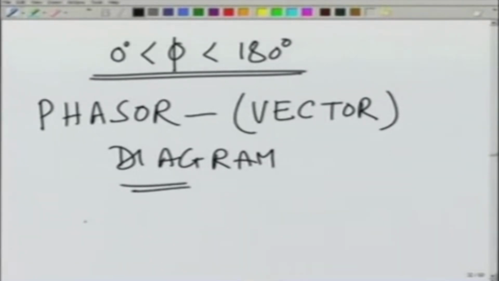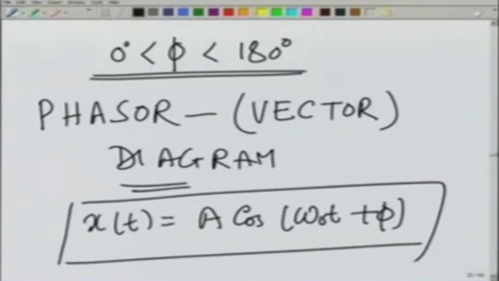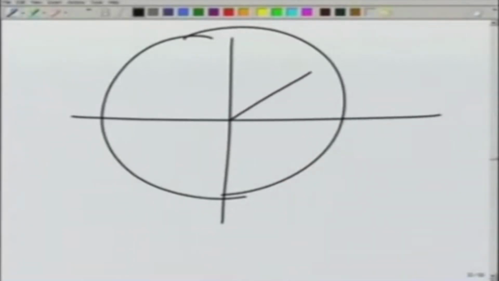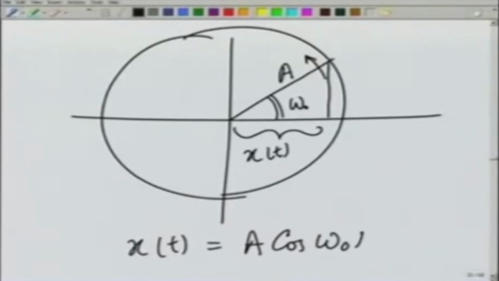And this is based on the fact that when I write xt is equal to a cosine of omega 0 t plus phi, what I am really doing is representing the x component of a radius equal to a, which is rotating in this direction at speed omega 0. I am taking its x component, and this x component is really describing the motion xt is equal to a cosine of omega 0 t.